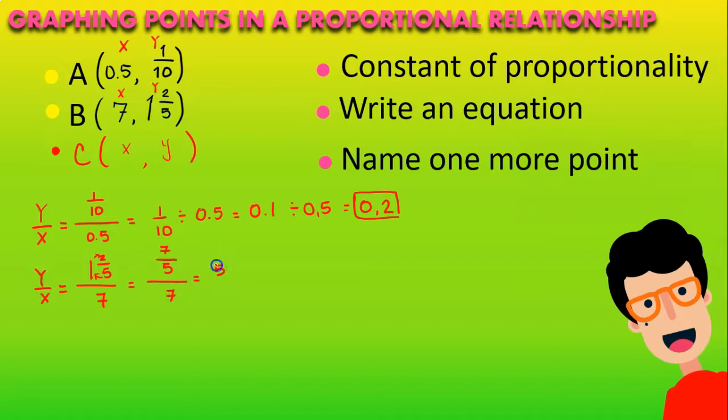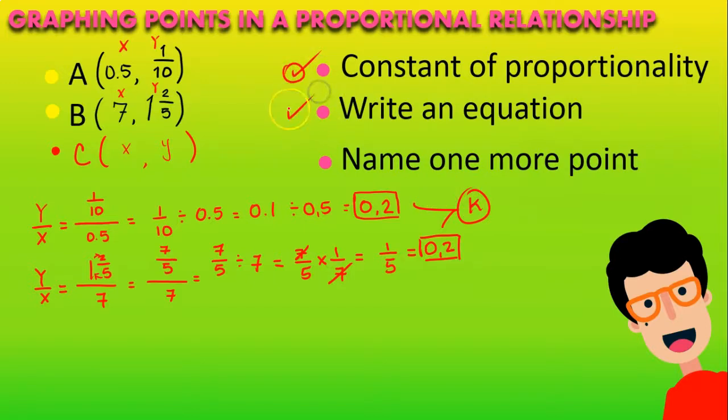That is the same as multiplying by the inverse. You cancel the 7s, then 1 times 1 is 1, and 5 times 1 is 5. And 1 divided by 5 is 0.2. Because these two are the same value, this is your constant of proportionality. And the first step is done.